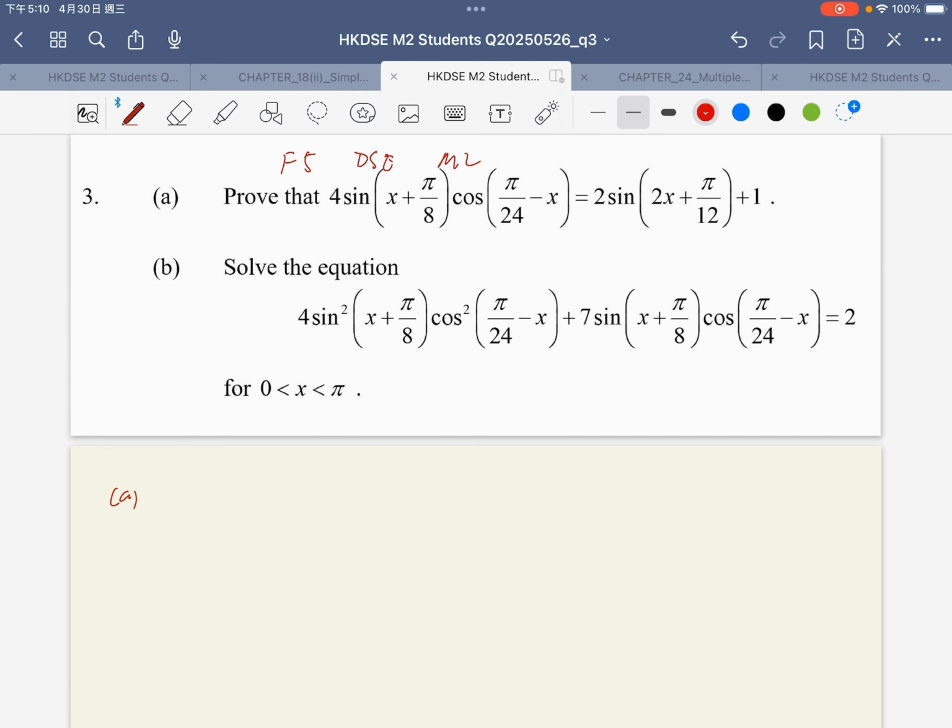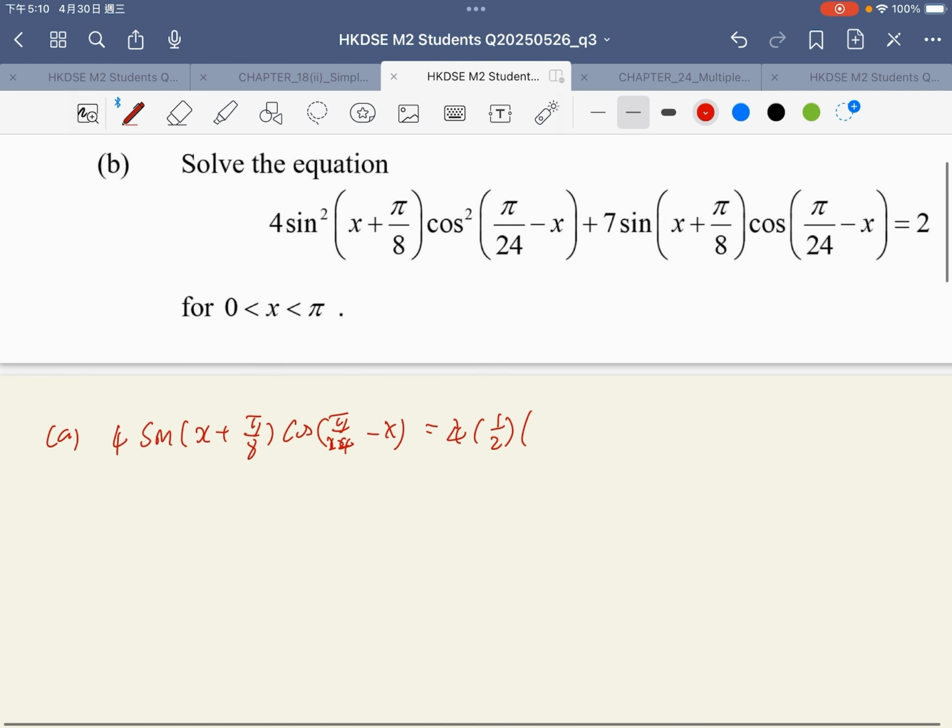This question is from one of my Form 5 students, DSE M2. After his uniform test, he asked me this question. Okay, the first part is obvious. Prove this identity. We have to use sum to product. Then for sine(x plus pi over 8) cosine(pi over 24 minus x), 4 times 1 over 2, both are sine.